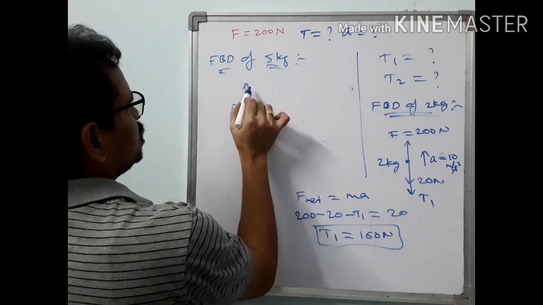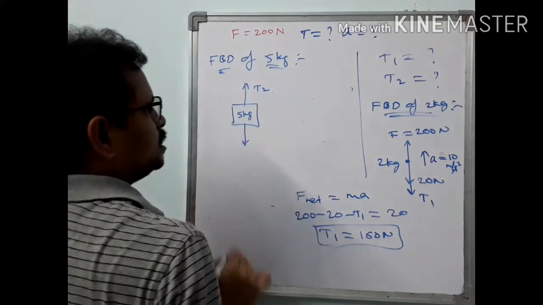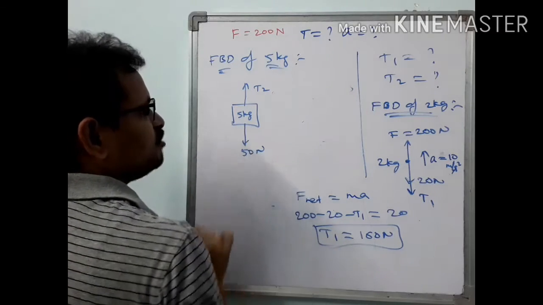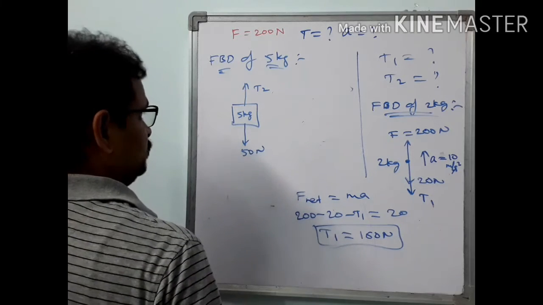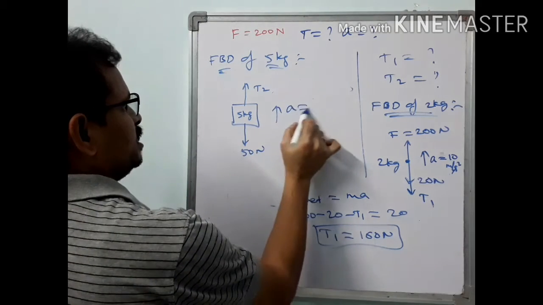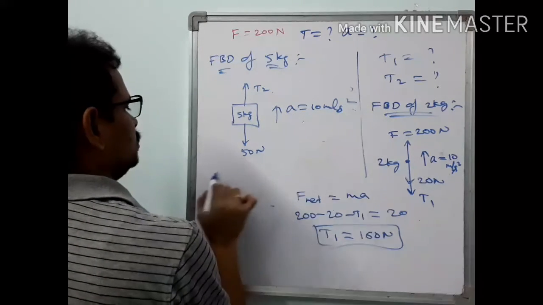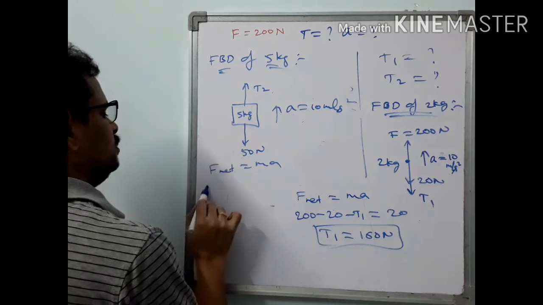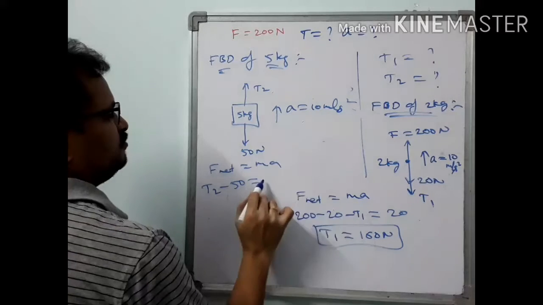So the upward force is how much? T2 upward, and the downward force is 50 newtons. Mass is 5 kg, so mg equals 50 newtons here. It has an acceleration A equal to 10 meters per second squared upwards. Therefore, applying F net equals MA, T2 minus 50 equals 50.